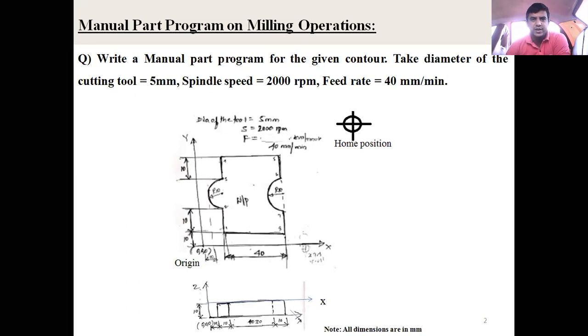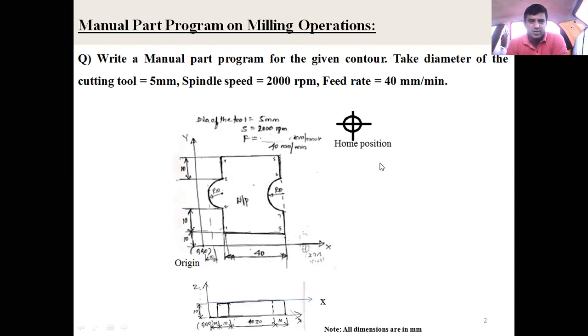First read the program once or twice, whatever the statement is. Write a manual part program for the given contour. Take the diameter of the cutting tool as 5 mm, spindle speed 2000 rpm, and feed rate 40 mm per minute. And see the diagram, the shape and size of the final contour.